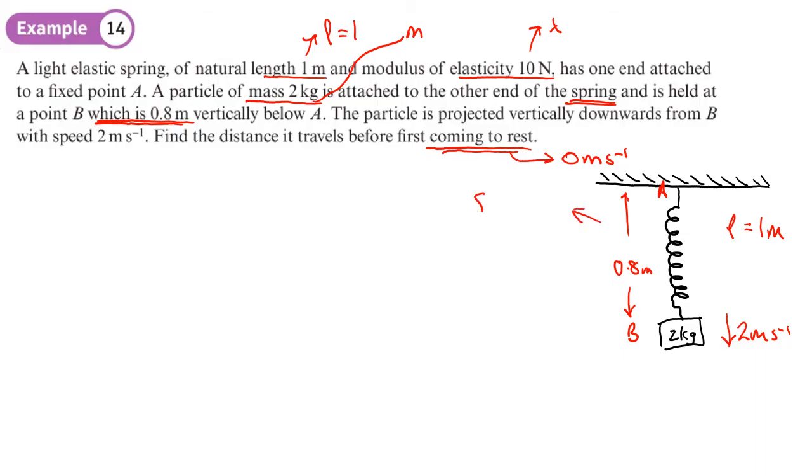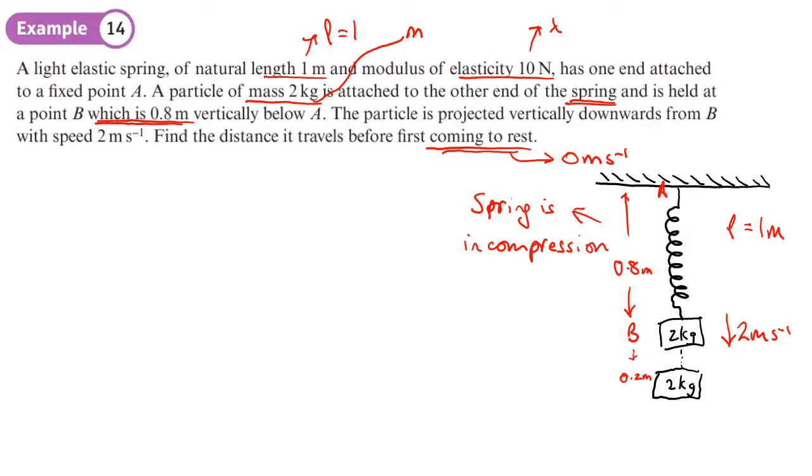So the spring is in compression. Not only is it in compression, but it's also projected downwards as well. So what will happen is it will move down to a point of 1 meter below A. So it will move down 0.2 meters.